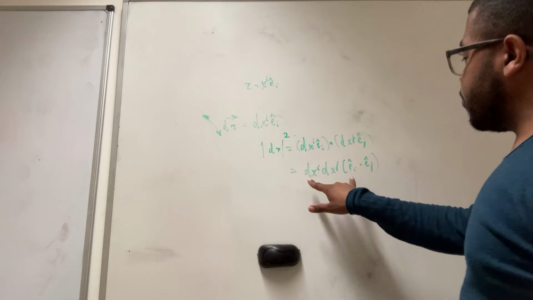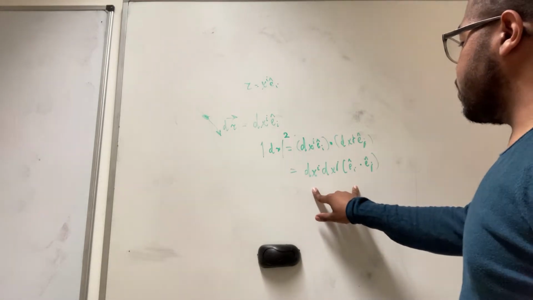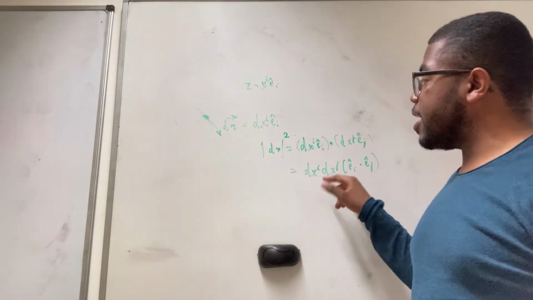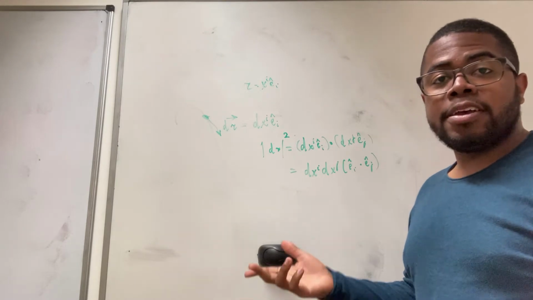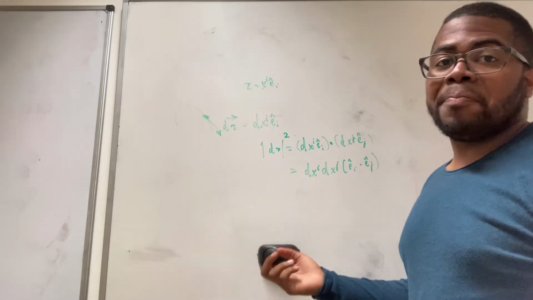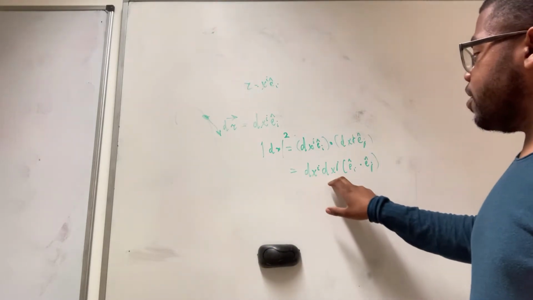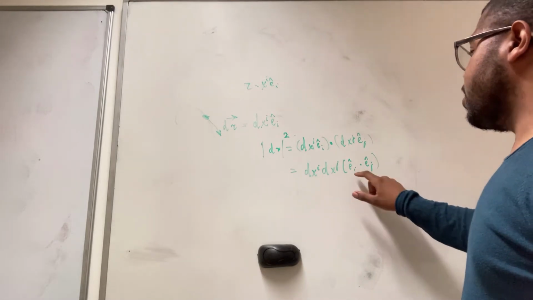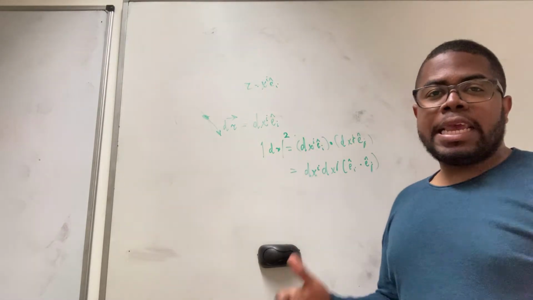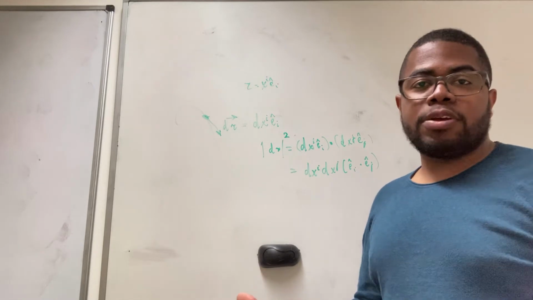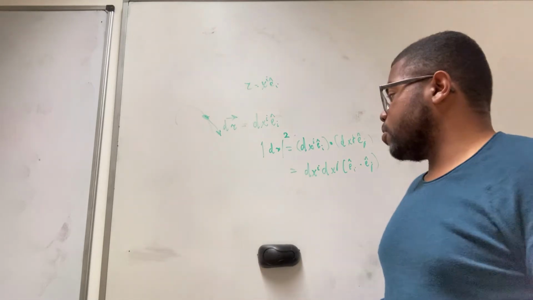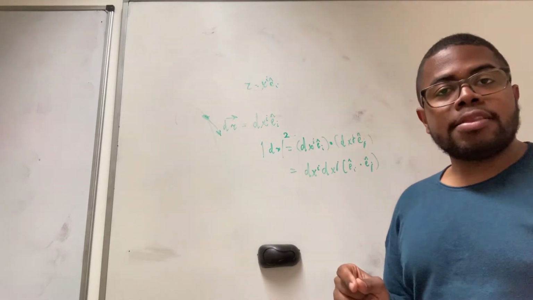And you might have perhaps noticed a pattern already. This looks eerily similar to that which we described in the first video, and that was the metric. Because you have these two things multiplied by each other times the dot product of the basis vectors, it literally looks like that which we call dl squared, which was the metric. And you'd be correct in that assumption.